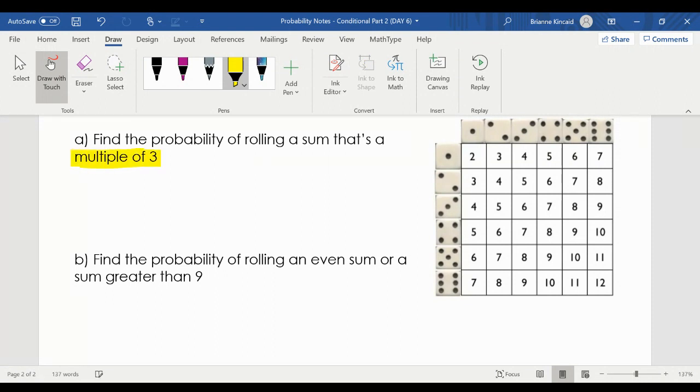Remember, multiple of 3: 3, 6, 9, 12, 15, 18, etc. So I have 10 numbers that are multiples of 3 out of the total 36, which I can reduce down to 5 over 18.